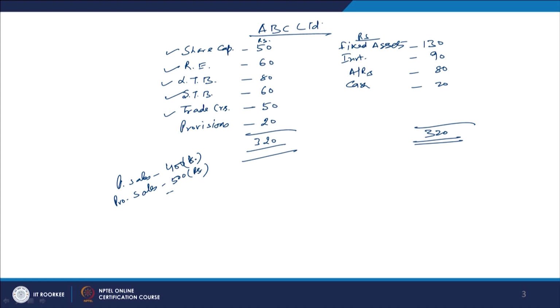So, there has to be a net increase of 100 lakh rupees, which means we want to grow the sales from 400 lakhs to 500 lakhs. Another important piece of information given to us is the profit.